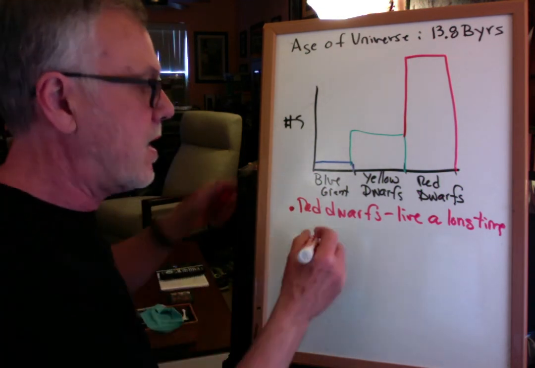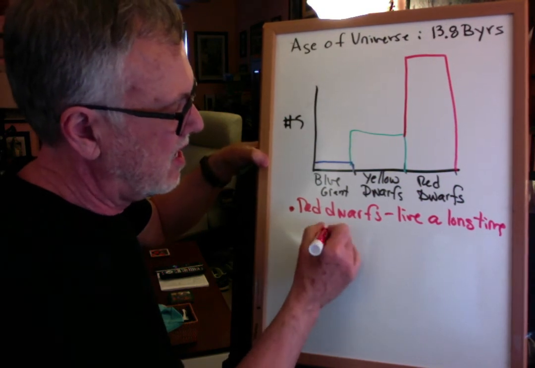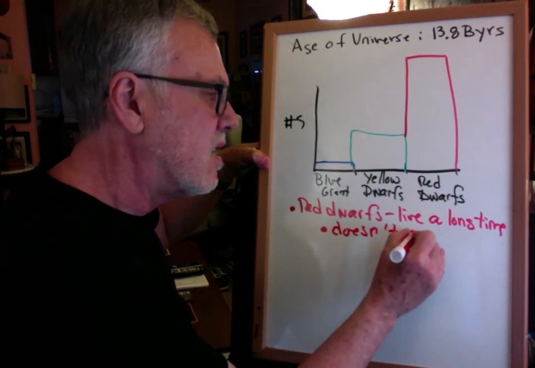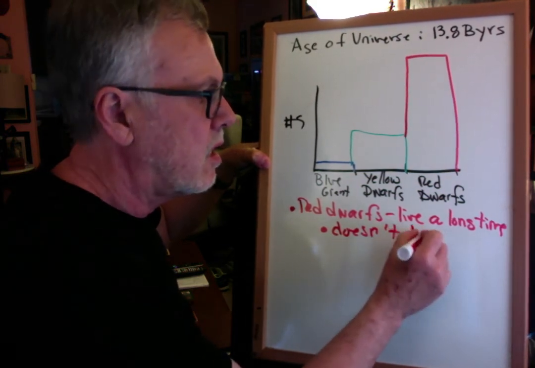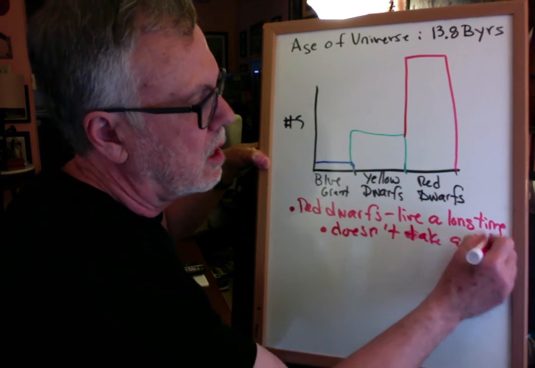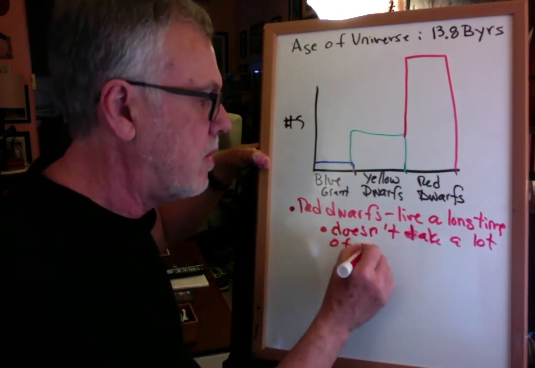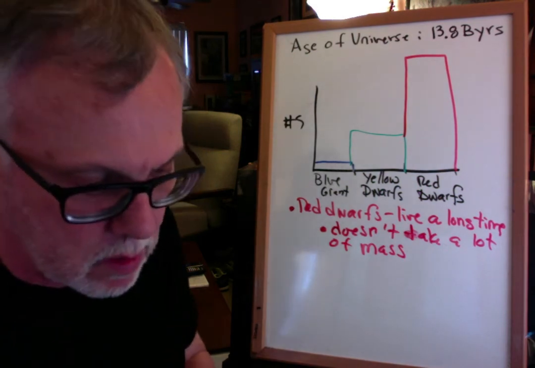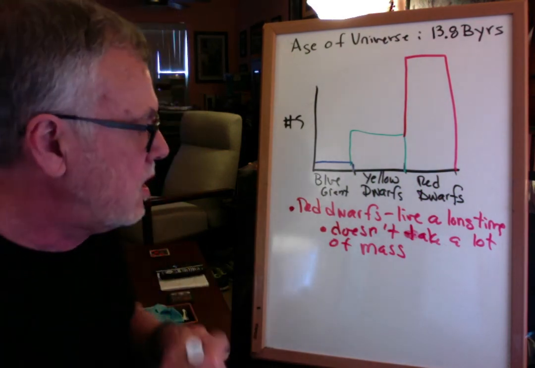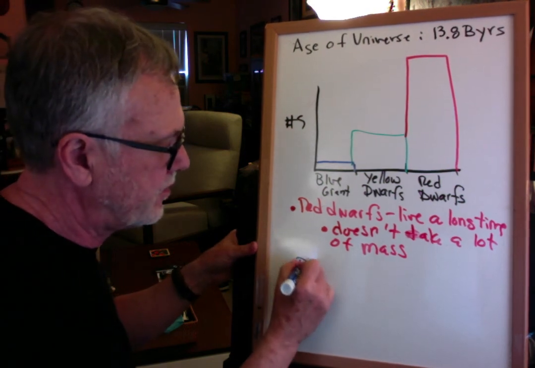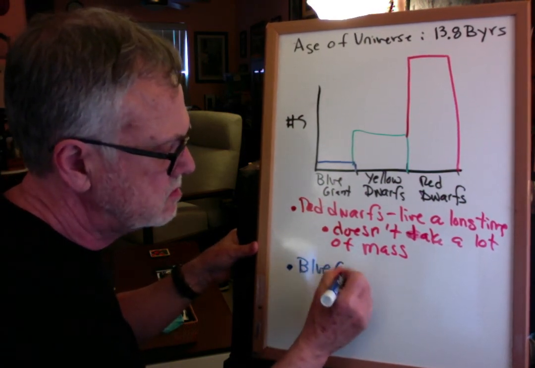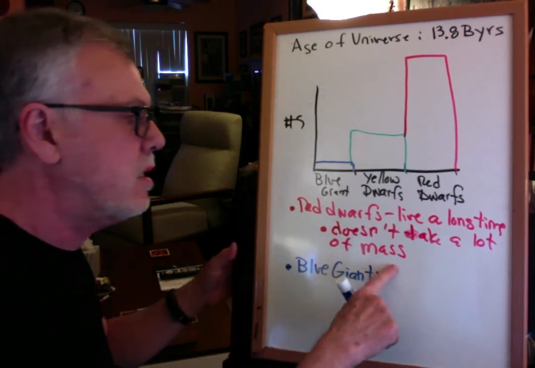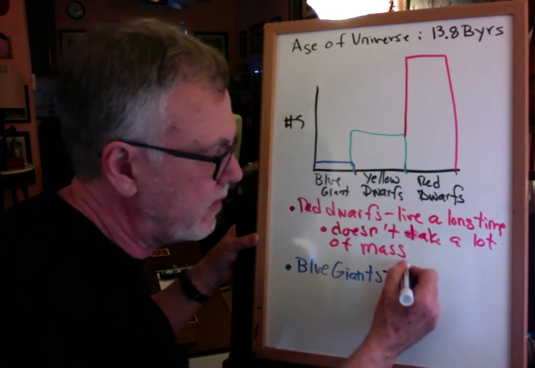But there's another thing, and that is, it doesn't take a lot of mass to make one of these stars. So these are more probable in being formed. Because see, with the blue giants, what happens is that they only live a short time.